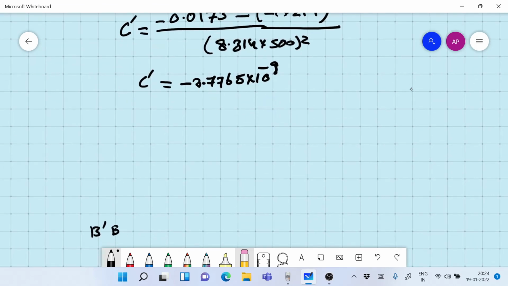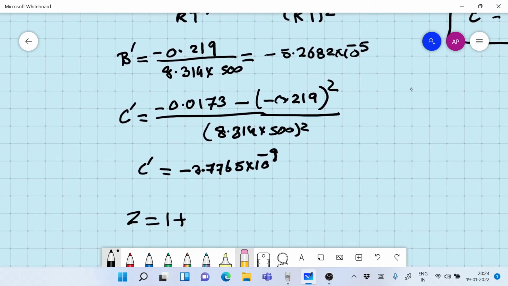So the first thing that we can do is we can calculate the value of Z. Z is going to be equal to 1 plus B dash P plus C dash P square, with B dash being minus 5.2682 into 10 raised to minus 5, and consistently we have maintained the value of R as 8.314 kilojoule per kmol Kelvin.